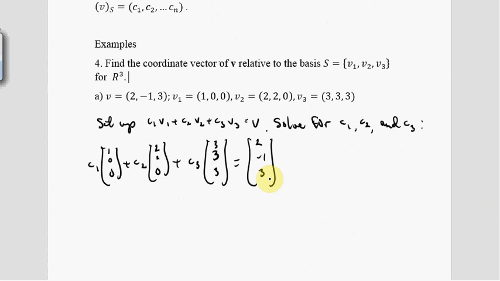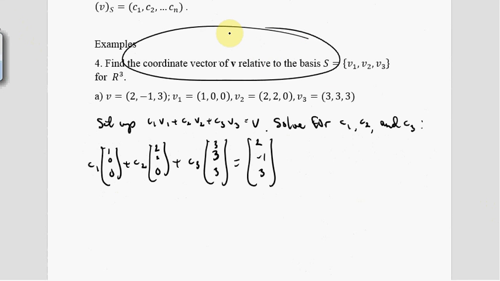So basically, what are the components of the vector V formed by the linear combination of the given basis vectors V1, V2, and V3? In other words, simply just solve the system. And when you solve the system, the values you get will be C sub 1, C sub 2, and C sub 3. Coordinate vector V relative to some basis is just some fancy phrase for saying solve the system.